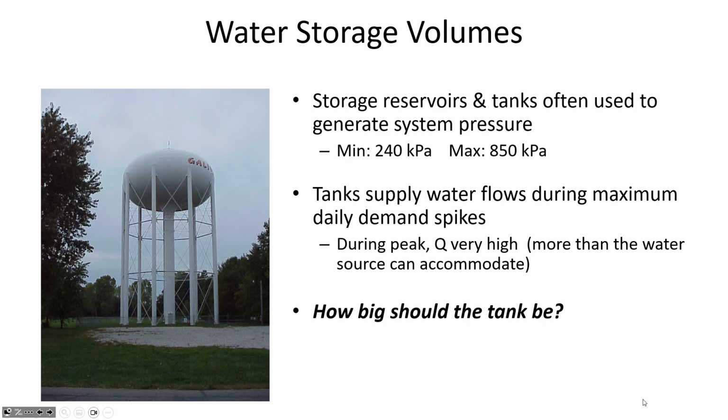In the hypothetical example that we're working with for this project, I've told you that the water is coming from a spring. There's a mountain spring up on the hill, and that's where the water's coming from. And I've said, let's assume that the water comes from that mountain spring at a constant rate. Most towns don't use a mountain spring for their water supply. They'd use a drinking water treatment plant.